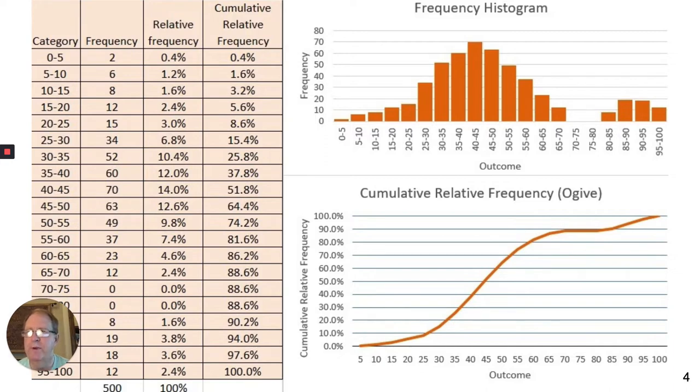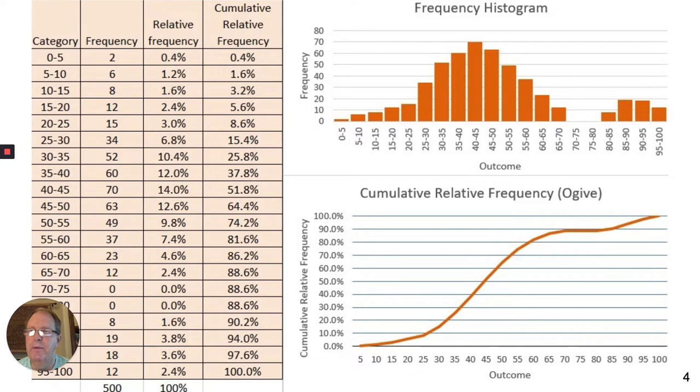The relative frequency is the frequency divided by 500, and the cumulative relative frequency is a running total of the relative frequency. I'm going to walk you through how I calculate the cumulative relative frequency.